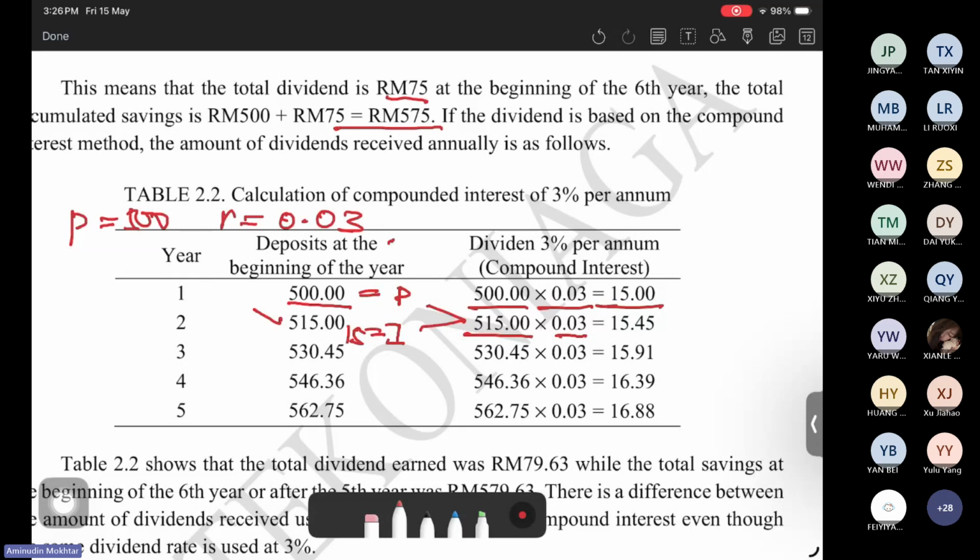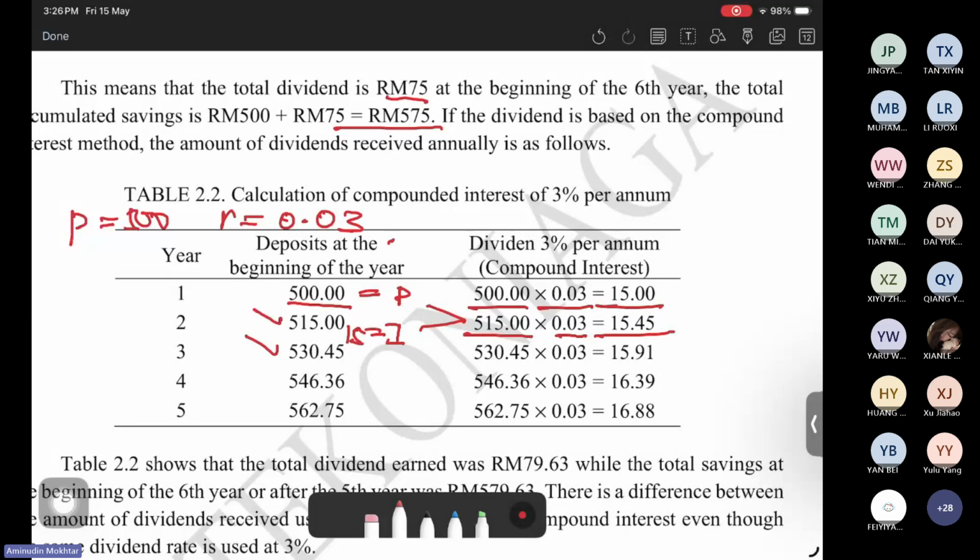Now the total dividend for year 2 is 16 ringgit and 50 cents. So at the beginning of year 3, the total amount of your saving now becomes 550 plus the year 2 dividend.